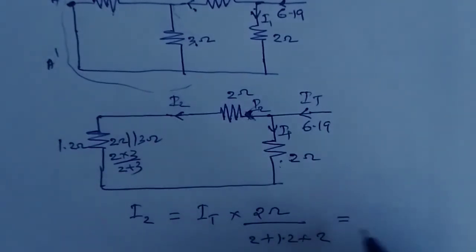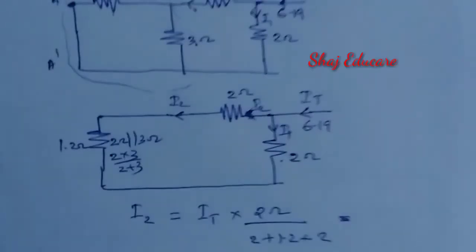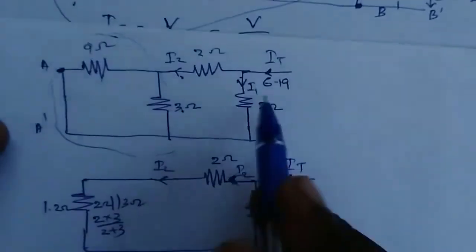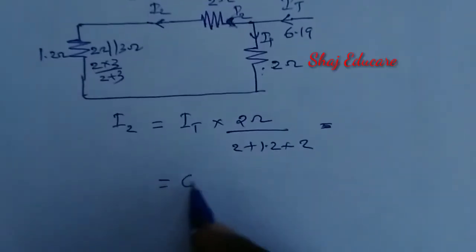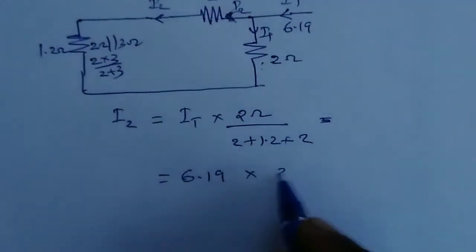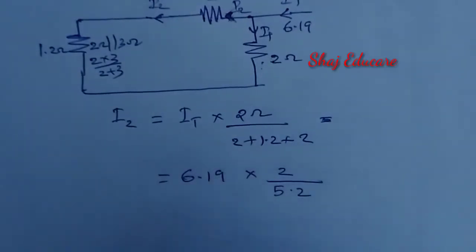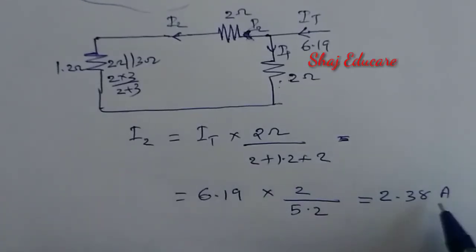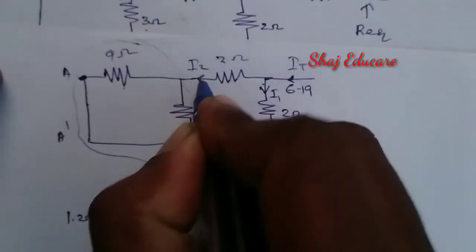Okay, that will be I2. Here we have I total equal to 6.19. So 6.19 into 2 divided by 5.2. That will give the current I2 equal to 2.38. Okay.